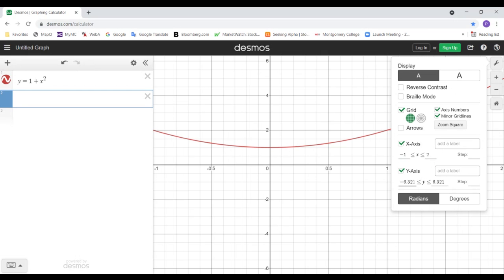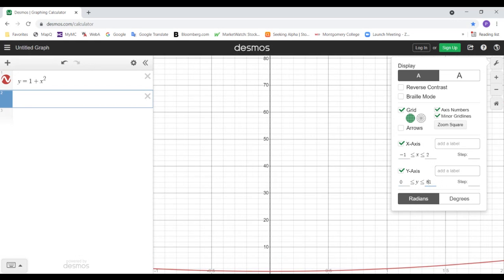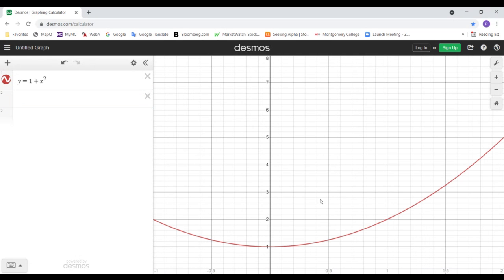And then the y-axis, let's see, maybe I'll make it go from 0 to maybe 8, something like that. Not 81, 8. Okay. And let me see.